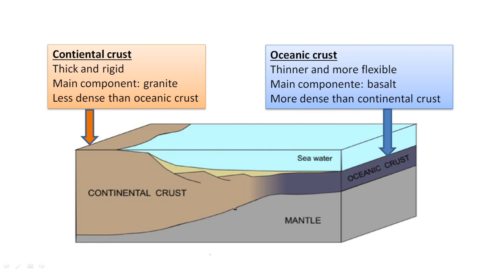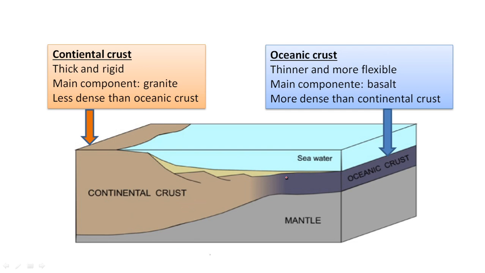So the crust can be divided in two types of crust. We can distinguish between the continental crust and the oceanic crust. The continental crust is thicker than the oceanic crust, and the main component is granite. Granite is an igneous rock, we will see it, and is less dense than the oceanic crust. If it's less dense, that means that it tries to float on top of the oceanic crust.